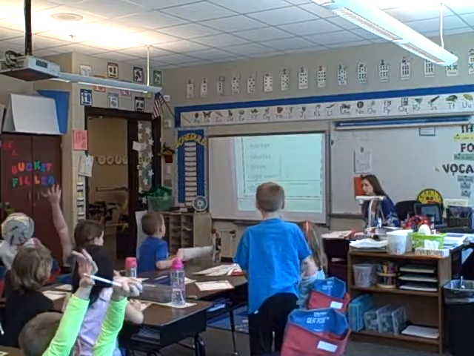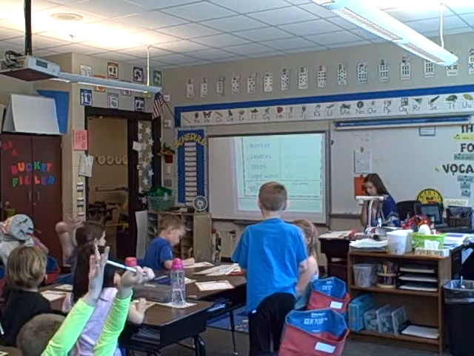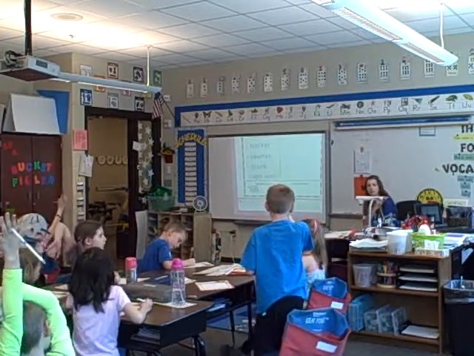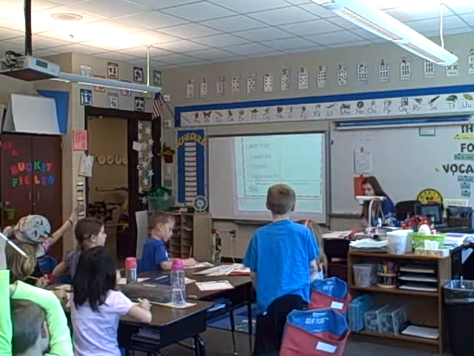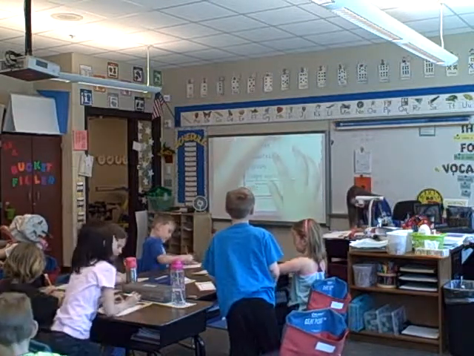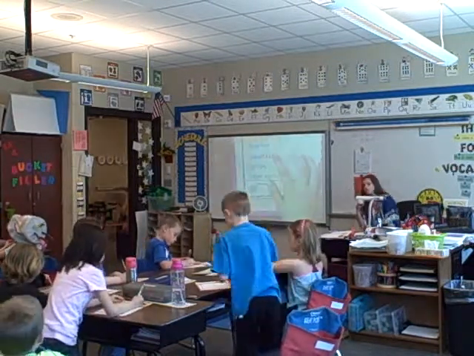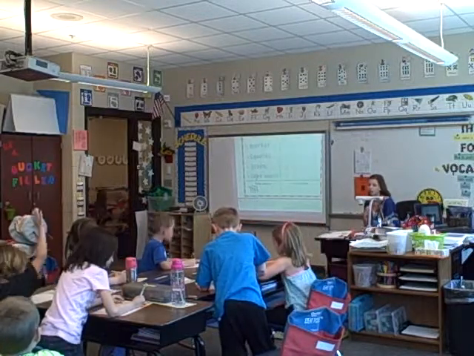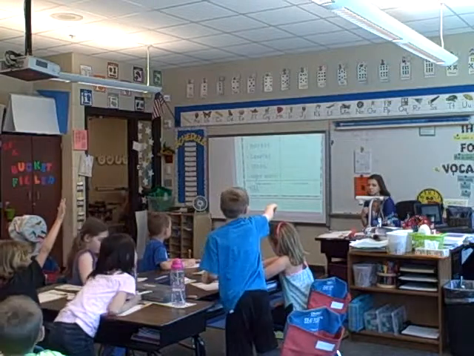Okay, someone give me another color. Were you going to give me another color? Okay, what color have you got? Blue. Okay. You have an object as well? Alright, what object have you got? Your shirt.